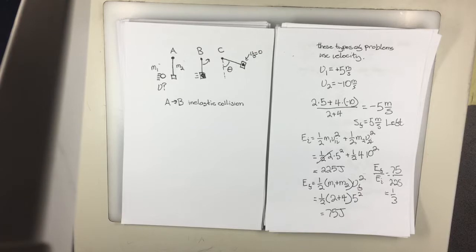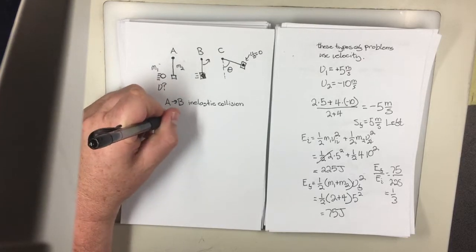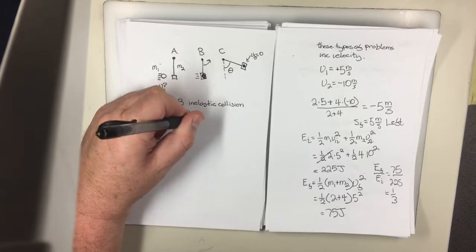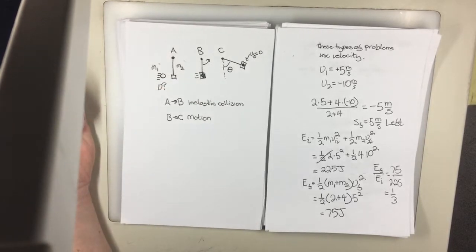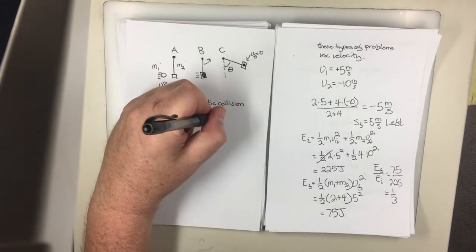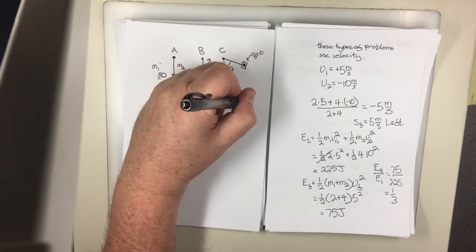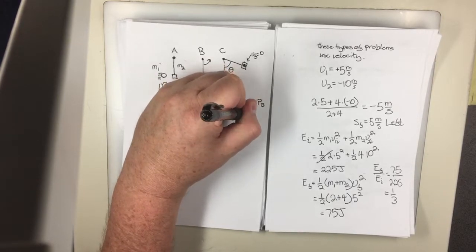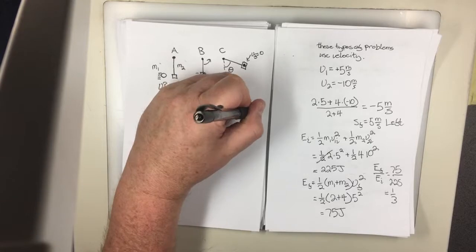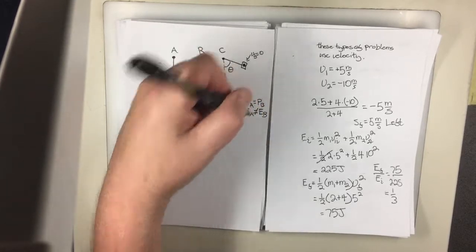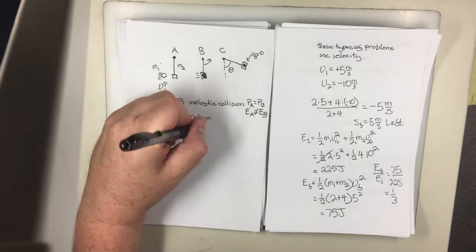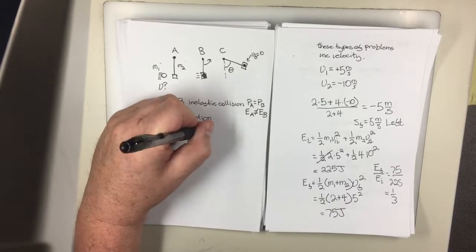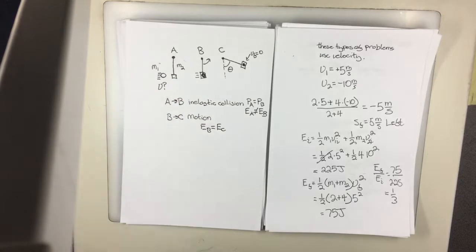If you go from A to B, you cannot conserve energy, but you can conserve momentum. B to C is motion with no friction. So momentum A is equal to momentum B, but energy A is not equal to energy B. From B to C, it's a motion, so energy B is equal to energy C.